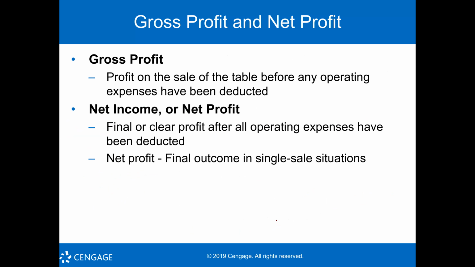Okay, so gross profit and net profit, and I just mentioned this a moment ago on the previous slide. Gross profit is profit on the sale of, using this example from your book, a table before any operating expenses have been deducted. Net income or net profit is the final or clear profit after all operating expenses have been deducted.